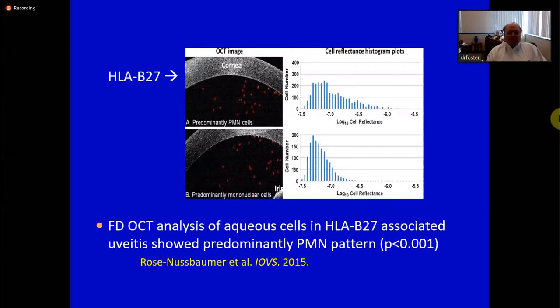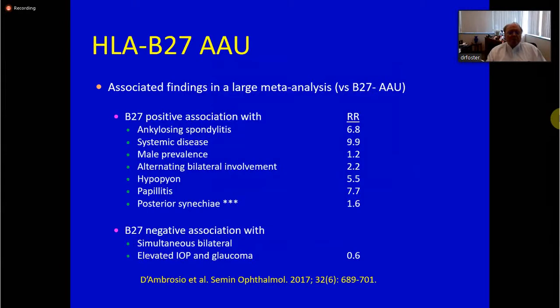This is a study that was done looking at the anterior chamber cells in B27 associated uveitis. And they were mostly neutrophils. Associated findings in patients with B27 uveitis.